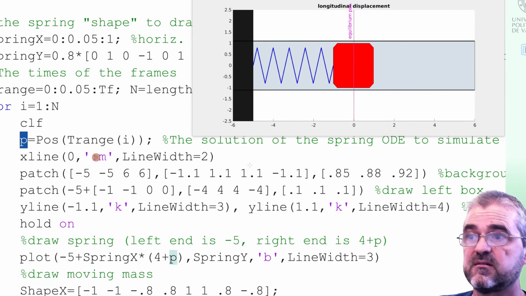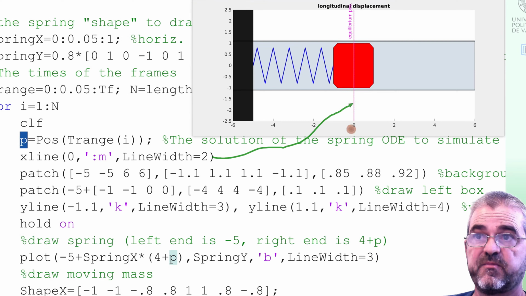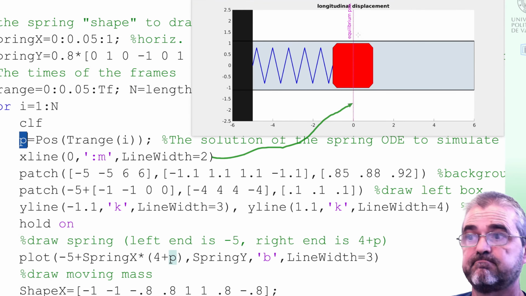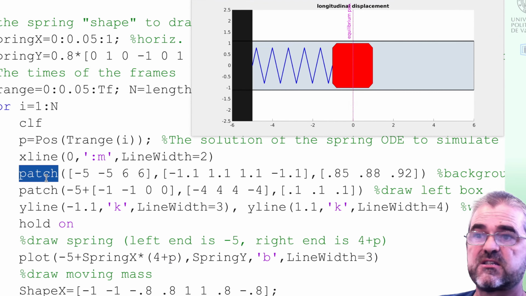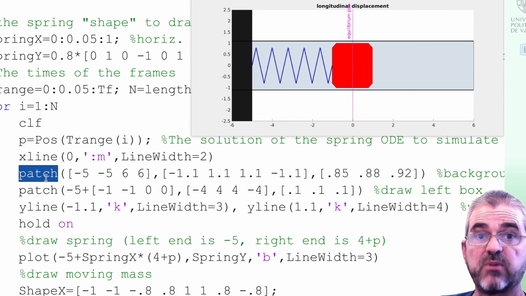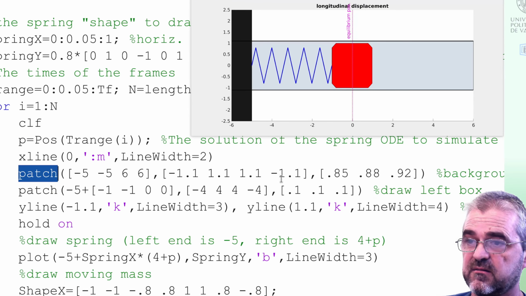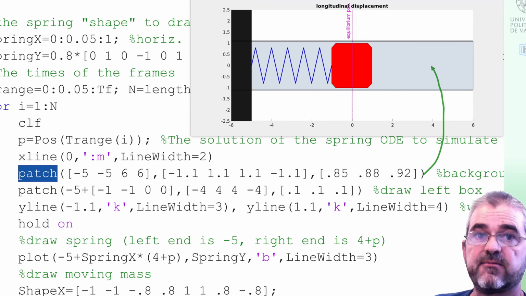This magenta line, here we have it, marks the equilibrium position, 0. The patch command draws a filled polygon. Again, look at the documentation. In here, this line draws this greenish background.